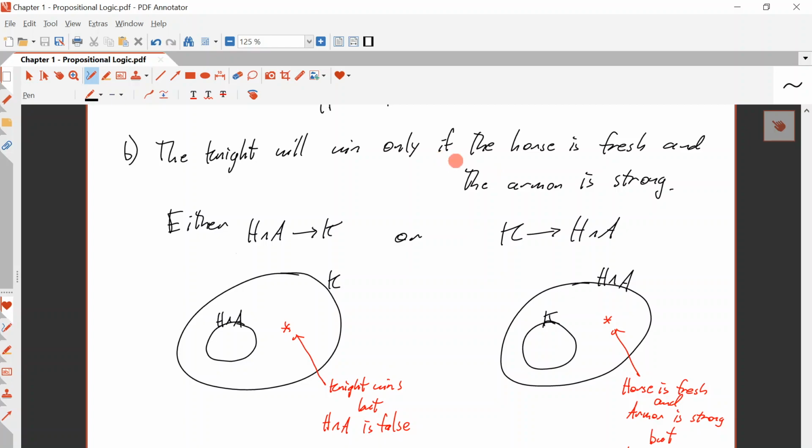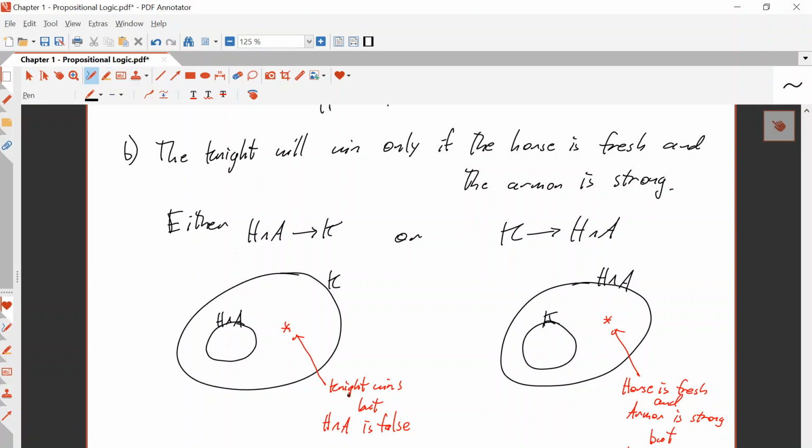The knight will win only if he's got both H and A. Here, the knight's got H and A, but he loses anyway. Does that contradict this? It says the knight will win only if the horse is fresh and armor is strong. Not that if he's got a good horse and good armor, he's going to win. I mean, maybe it's his first tournament and everyone else is a veteran. So he's still going to lose, right? So it doesn't contradict this statement.